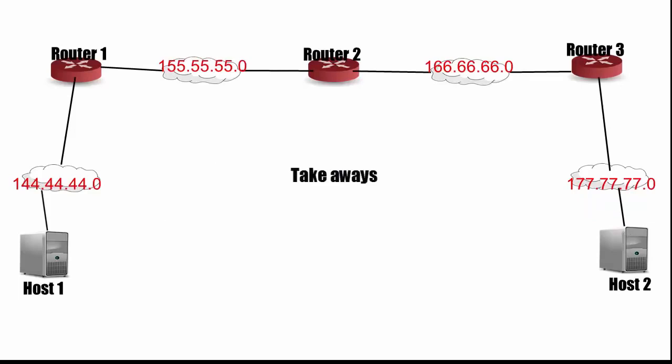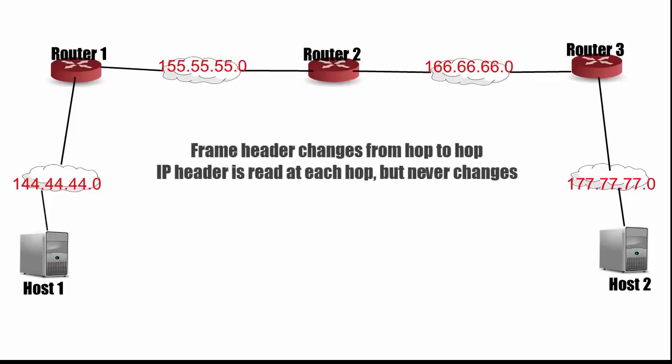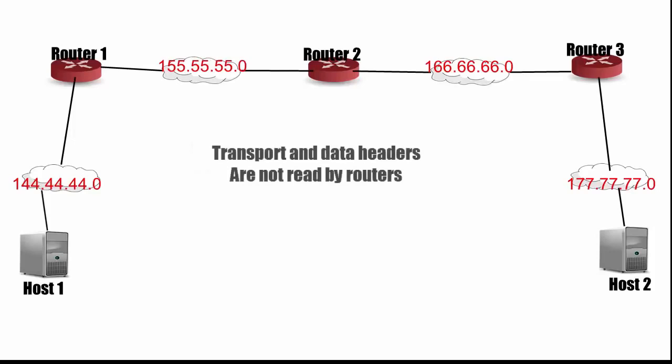So what are the key takeaways? We see that as the frame goes from router to router, only the frame header changes. The IP header is looked at but never changes. The transport header and the data is never even looked at by the routers.